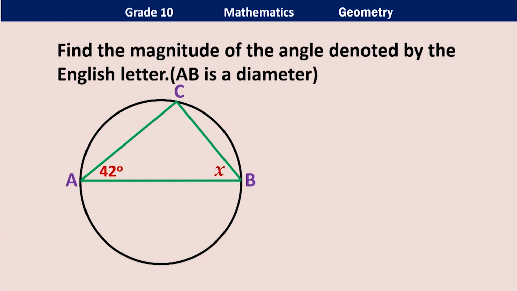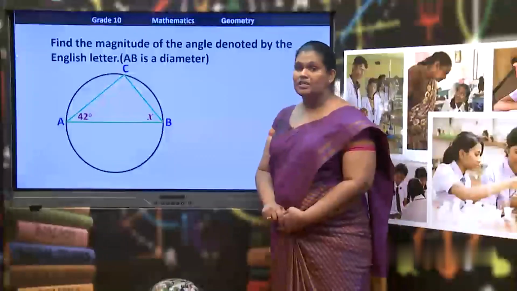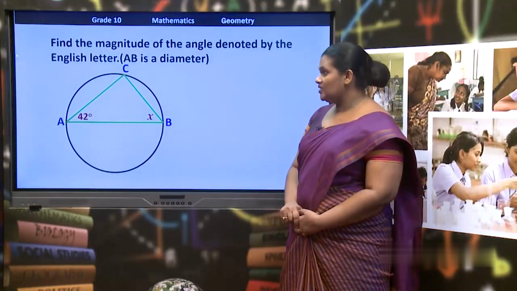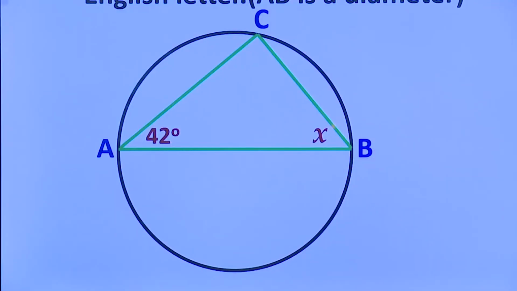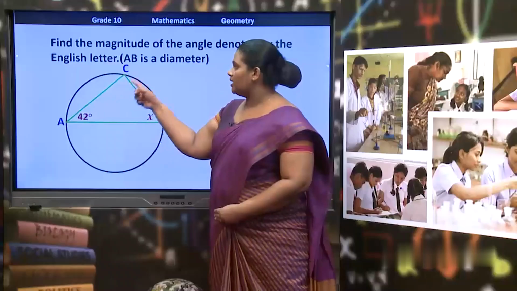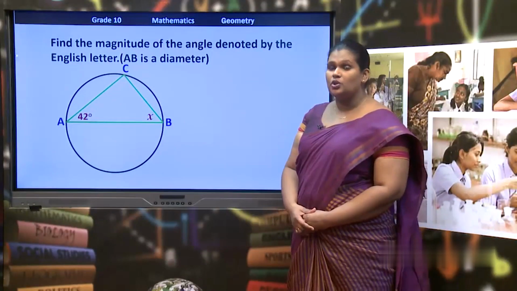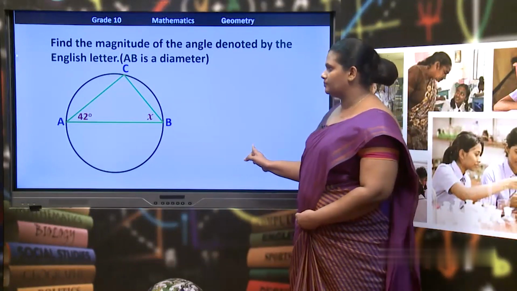Here we have to find the magnitude of x. Using the theorem we have learnt right now, we can say angle ACB is an angle in a semicircle because AB is a diameter in this circle. So, we know that the magnitude of the angle in a semicircle is 90 degrees. Therefore, angle ACB is equal to 90 degrees.